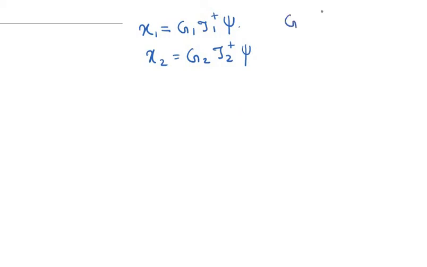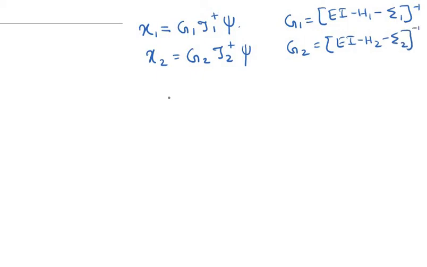Now we also know from our earlier discussion that this chi 1 is again g1 tau 1 dagger psi. Everything is the same; basically the difference is that right now we have two contacts instead of one. Here g1 is basically (EI minus H1 minus sigma 1) inverse, and g2 is (EI minus H2 minus sigma 2) inverse.